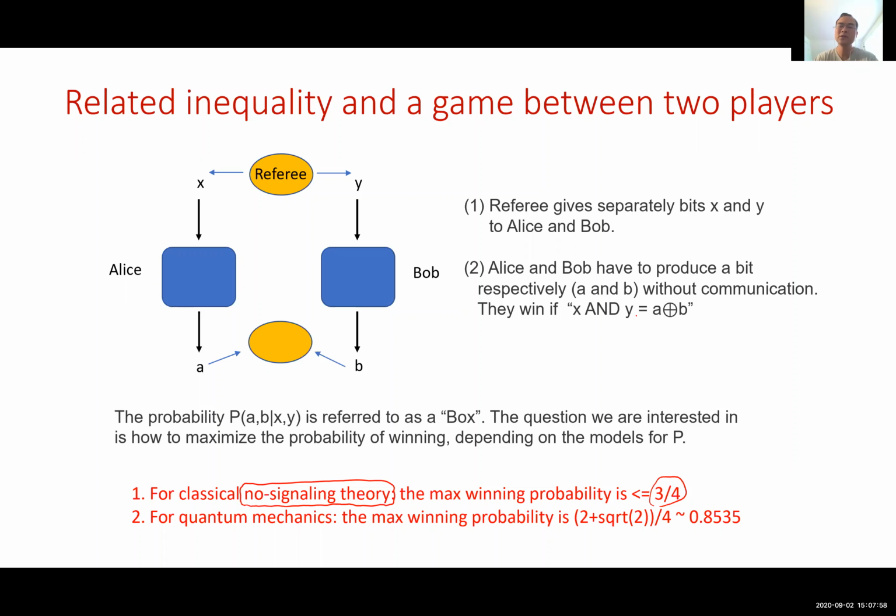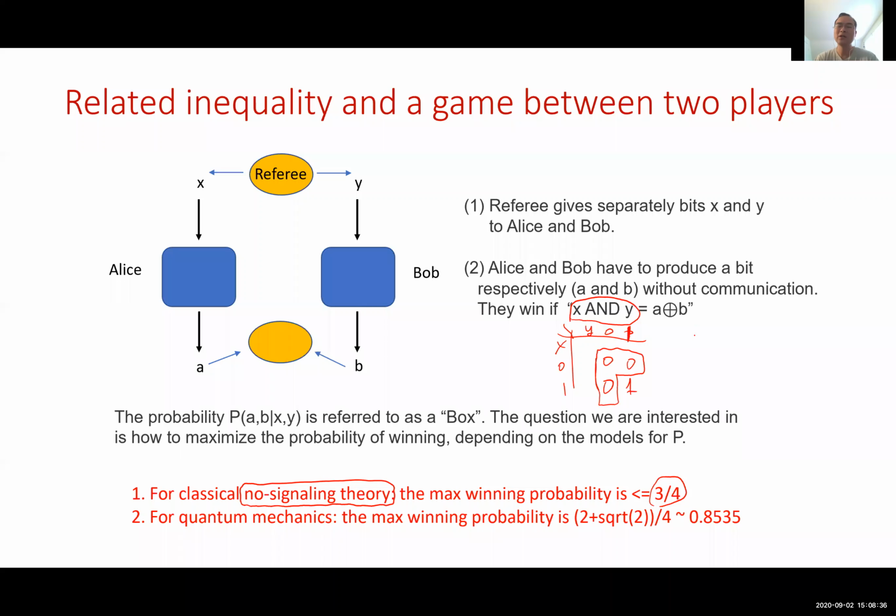You could probably understand this way, but I cannot prove this maximum here rigorously. Let's see X and Y. There are only 4 possibilities. 0 and 0, the AND gives 0. 0 and 1 is still 0, 1 and 0 is still 0, 1 and 1 is 1. So you have 3 zeros and only one 1.